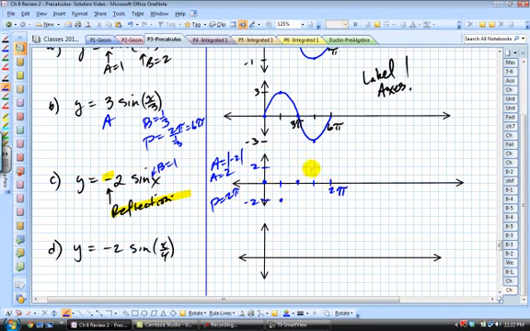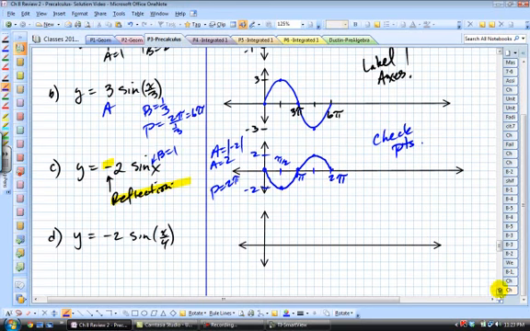So here, here, here, here, and here. Curve it out. And check. This is pi, and this is pi halves. If I substitute pi halves in, I get sine of pi halves is 1 times -2 is -2. So pi halves comma -2. You can check that point right there. Check points, and then plot.